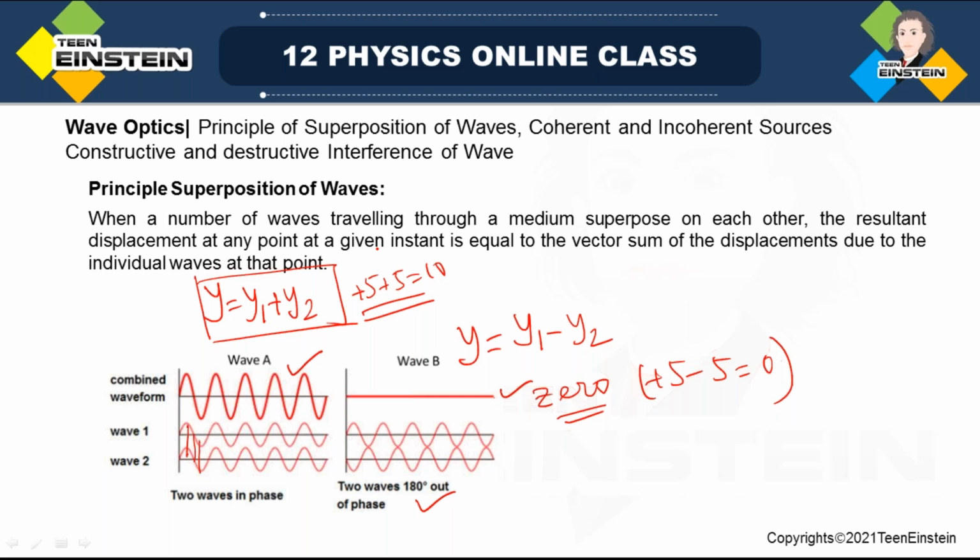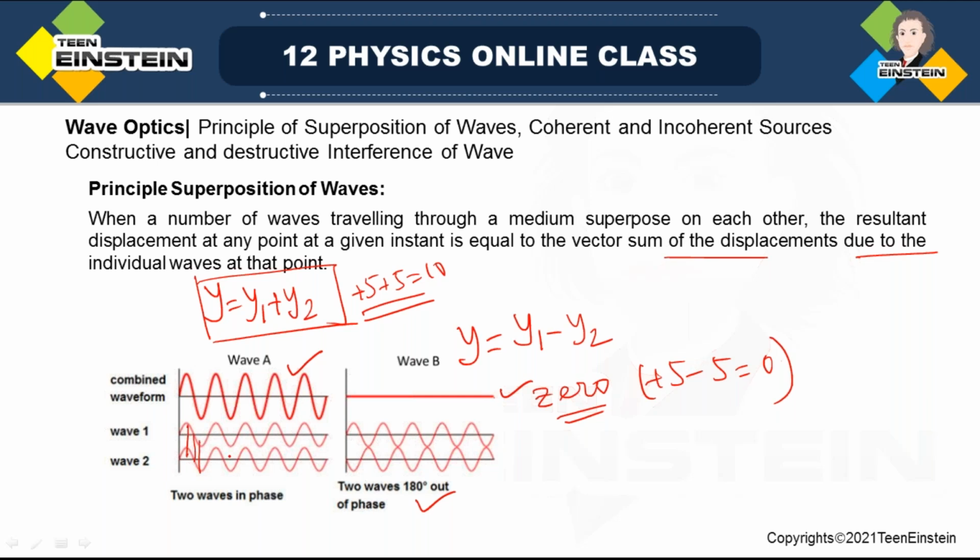So what we have learned: when a number of waves traveling through a medium superpose on each other, the resultant displacement at any point at a given instant of time is equal to the vector sum of the displacements due to individual waves at that point.